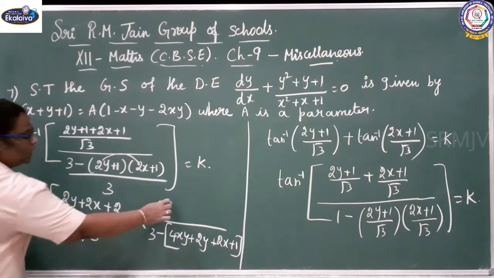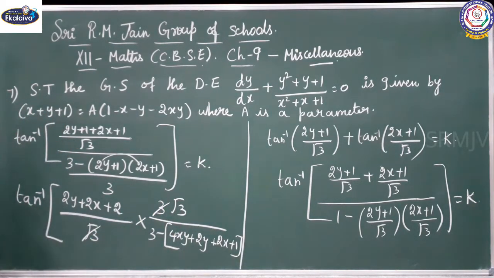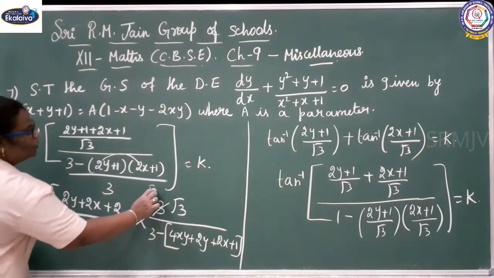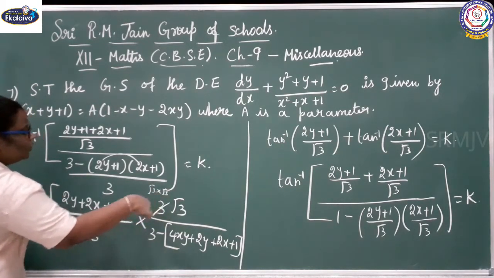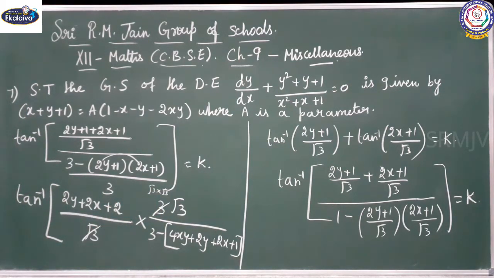The 3 becomes root 3 into root 3, so you can cancel one root 3, and you get root 3.